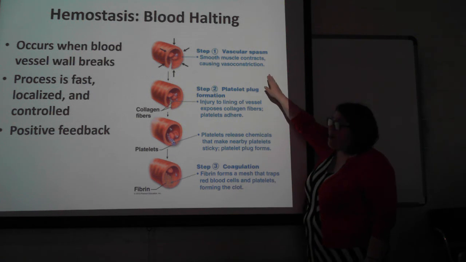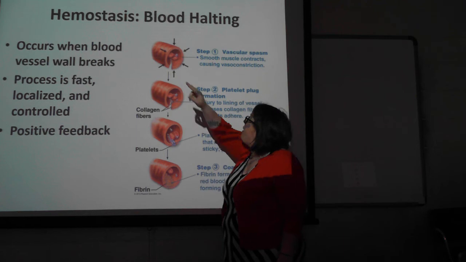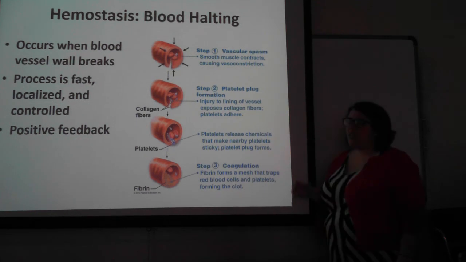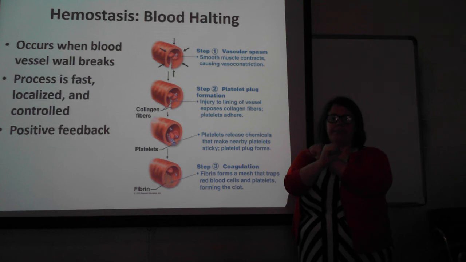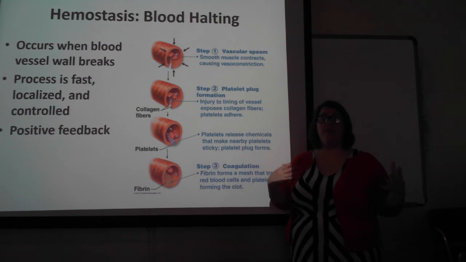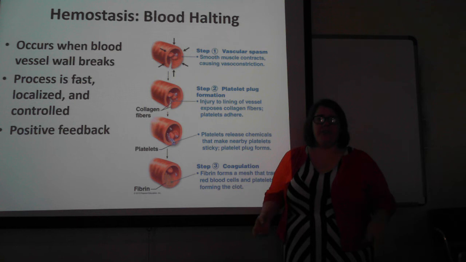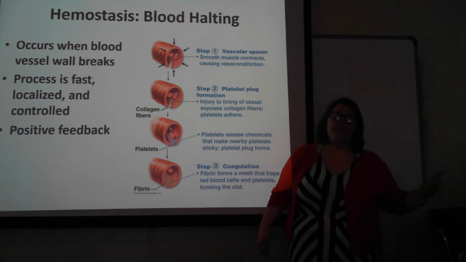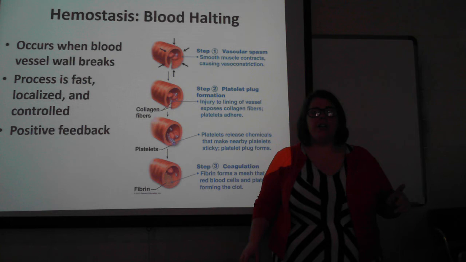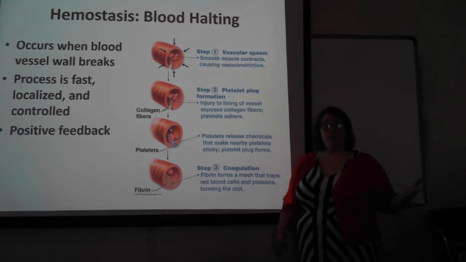So notice what's happening here, and I know it's a little hard to see, but I've got a break to my blood vessel. The very first thing that's going to happen is that blood vessel is going to constrict. And that's going to help reduce the amount of blood flowing through that, right? If you've sprung a leak in your hose and water is a really precious commodity, you're going to turn the flow of water down so you don't lose this precious resource.